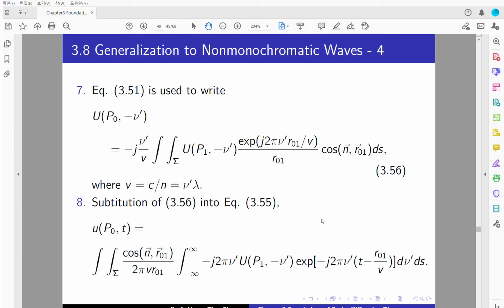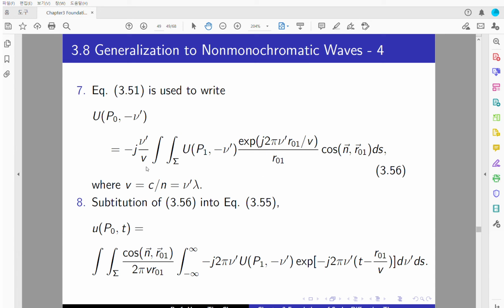Okay. And then what we are going to do is use the same Rayleigh-Sommerfeld equations. Remember that this is nothing but the Rayleigh-Sommerfeld equations, but we added the frequency component here, and this has been changed into k.